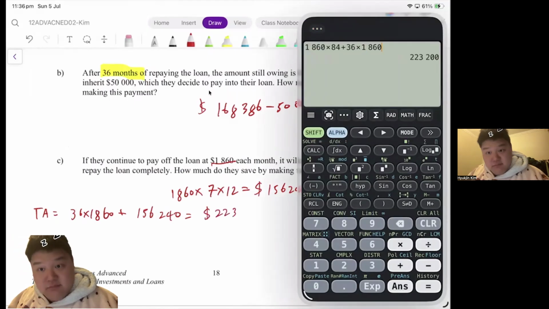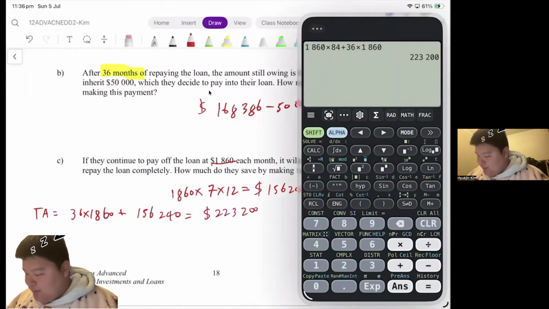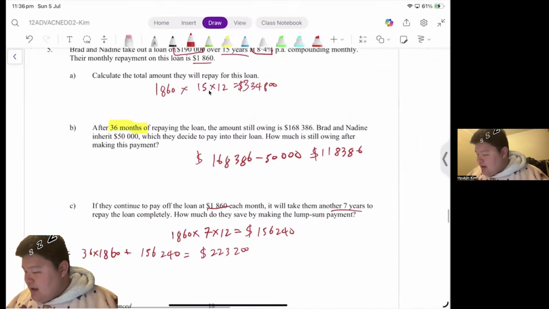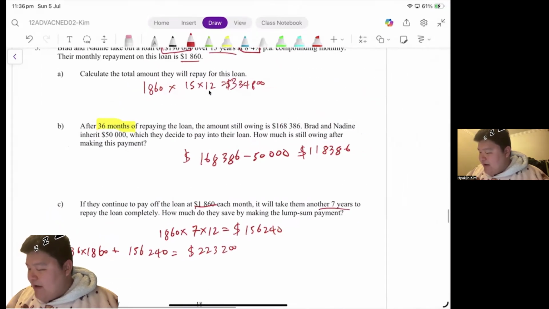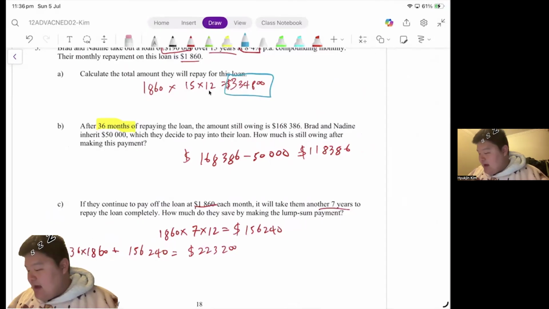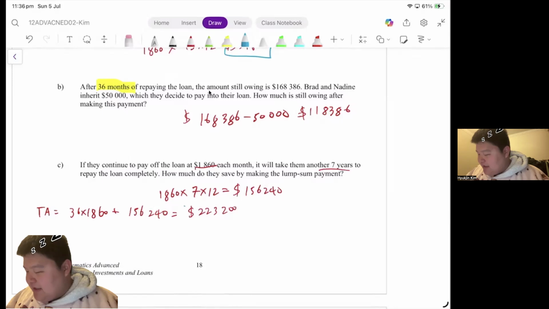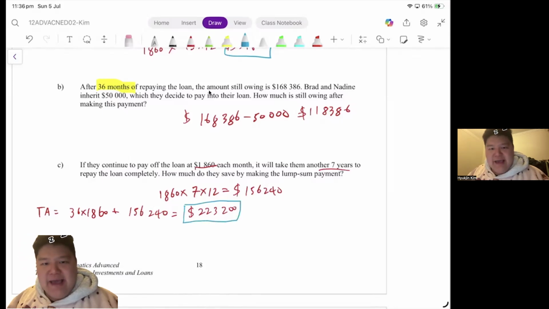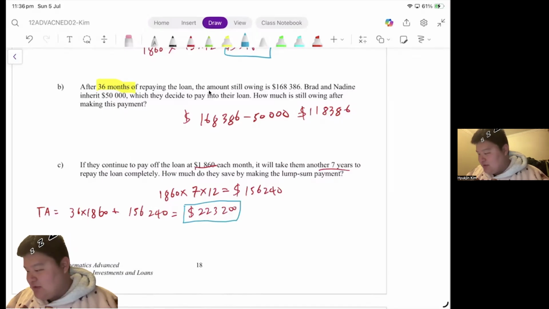That gives $223,200. So now the comparison is that they would have paid $334,800, but as opposed to that, because we've made a $50,000 extra repayment earlier, how much is the total repayment actually worth? The difference, well, actually the savings.